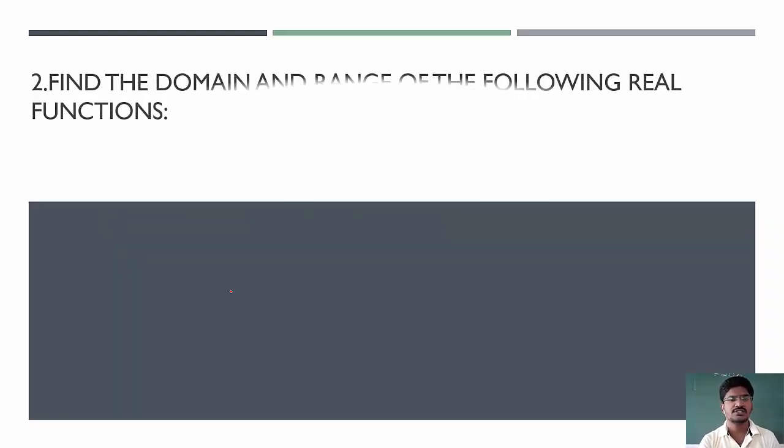In the previous class, we were solving the problems on finding the domain and range of the real functions. We have also solved one of the problems, that is f of x equal to minus of mod x.